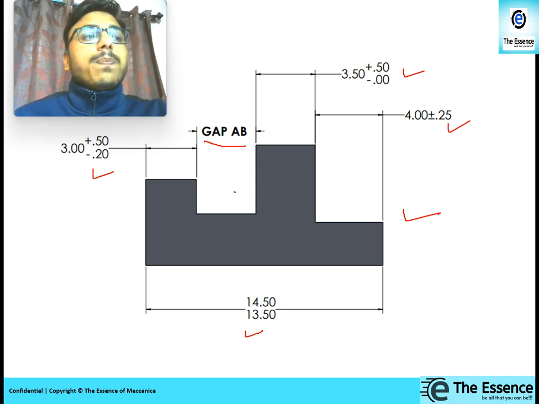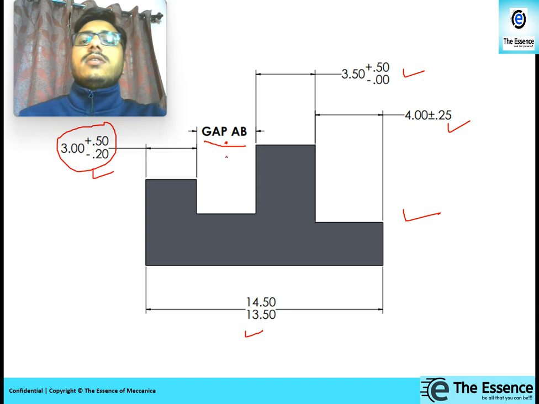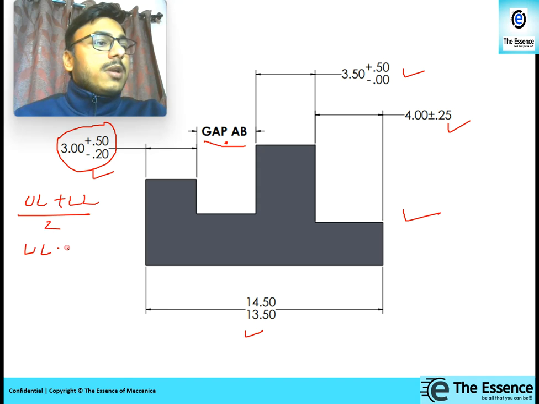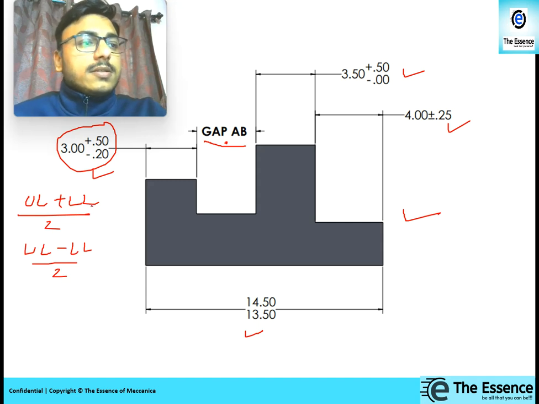Right? So before starting calculation, we have to convert them all into what? Equal bilateral tolerance system. So let us convert them first into equal bilateral system. Always use upper limit plus lower limit divided by 2 and upper limit minus lower limit divided by 2. So in this way we can convert them all into equal bilateral tolerances.